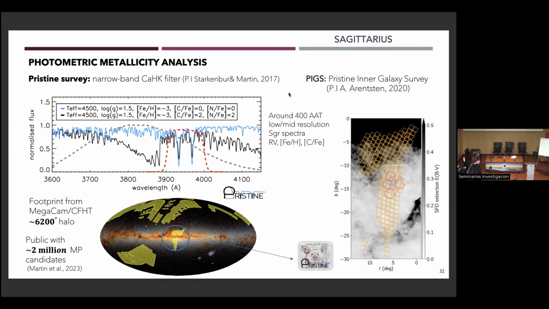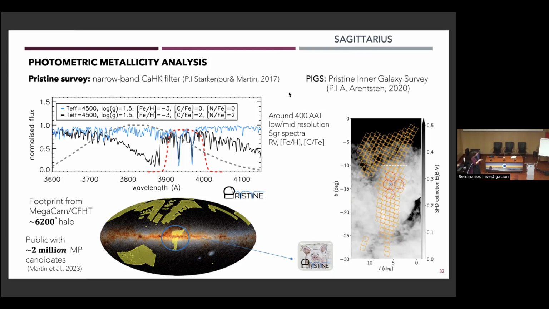Here you can see in orange squares the fields where we have metallicity-sensitive photometry for Sagittarius. On top of that, there has been a follow-up where around 400 low and intermediate resolution spectra have been collected in the Sagittarius region. And those are the red circles.